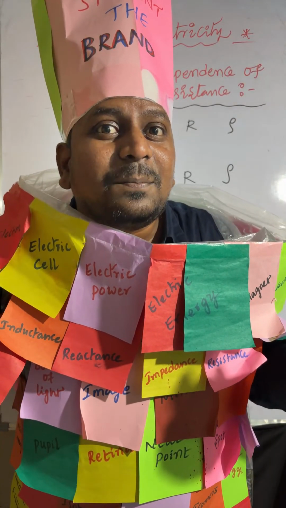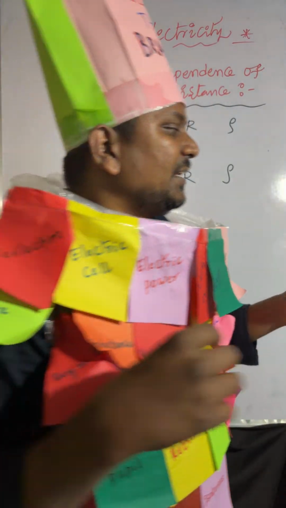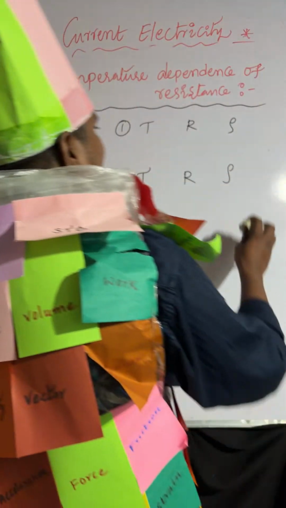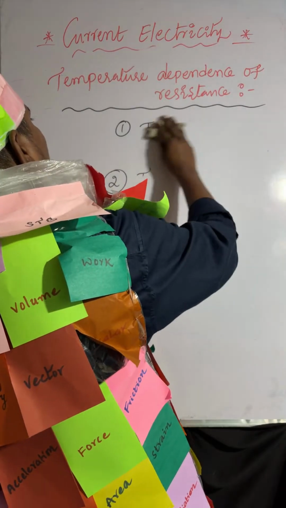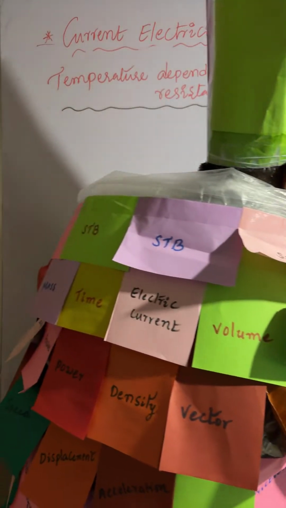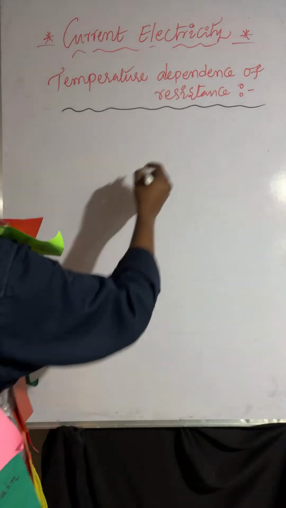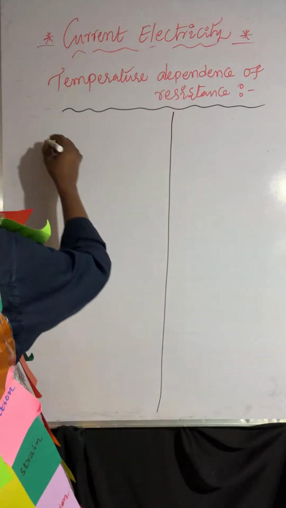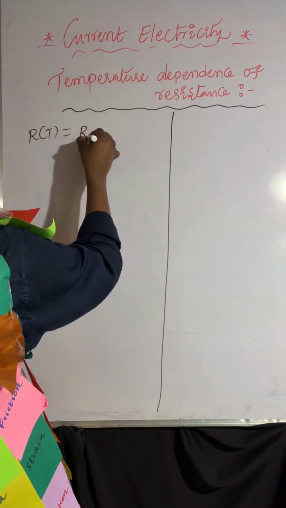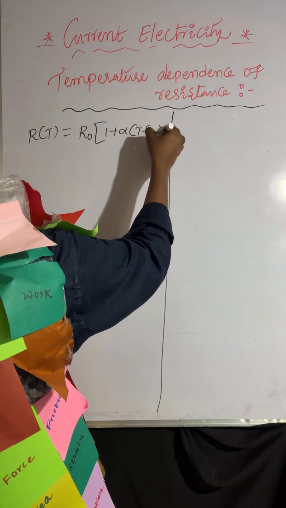Alpha is the temperature coefficient of resistance. Here you can observe R_T equals R naught times 1 plus alpha into (T minus T naught).